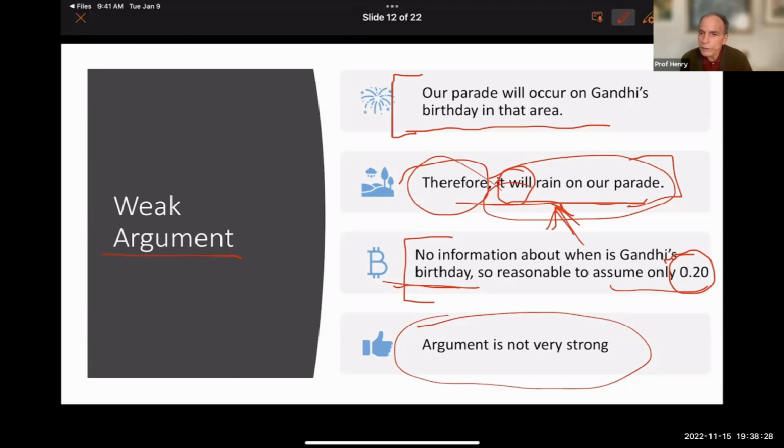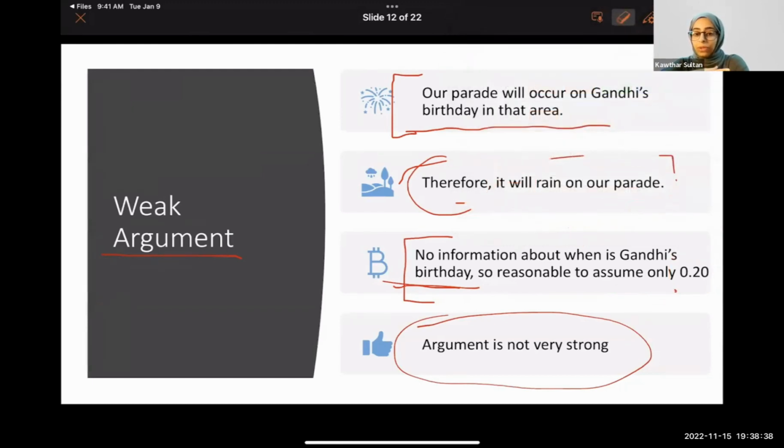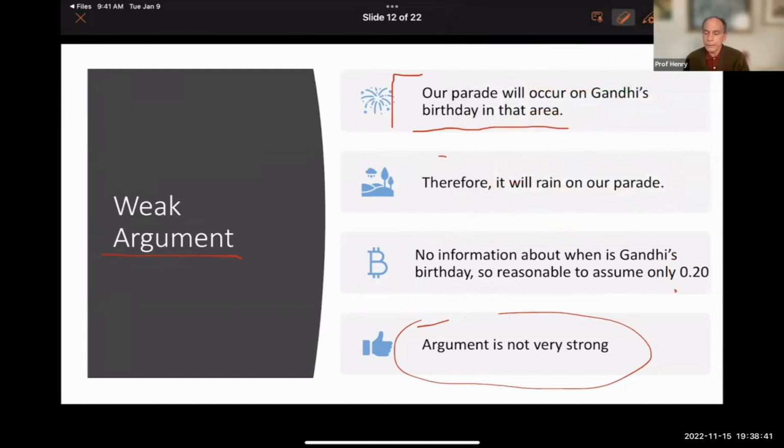Qatar? Yes, so I think in this argument, the strength does depend on mathematics. So 20% is low, so it's weak. 80% is high, so it will be strong. Well, it isn't so much that it depends on mathematics, it depends on your premises.